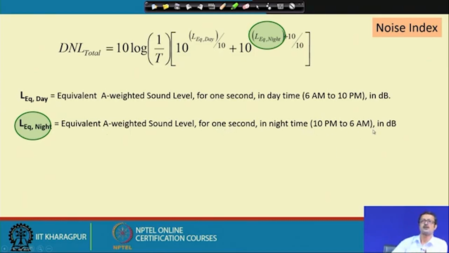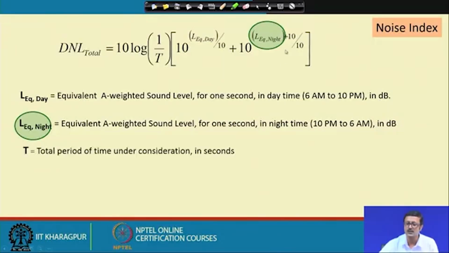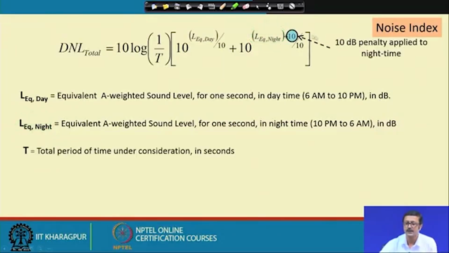Because, as you know, an airport handling 50,000 passenger aircraft definitely has some takeoff and landing operations the whole day and night, and for the night a penalty has to be taken. You have to add 10 dB to the actual number, which is the actual measurement from this airport.